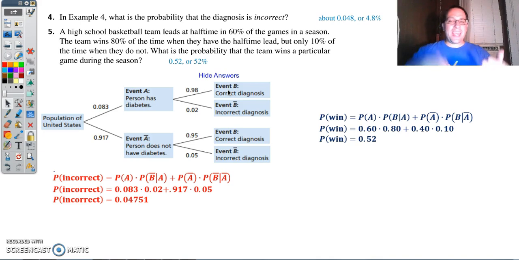If you want A and B, then you need to multiply them like we did here. 80% of 60%. So you multiply them both together. A or B, you add the probabilities. A and B, you multiply the probabilities. All right. Make sure you subtract out any overlap.